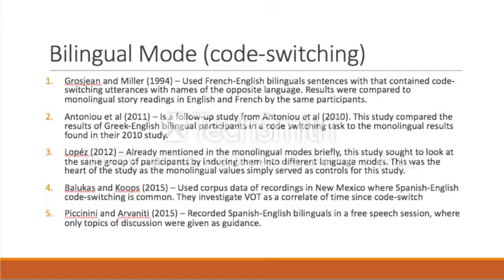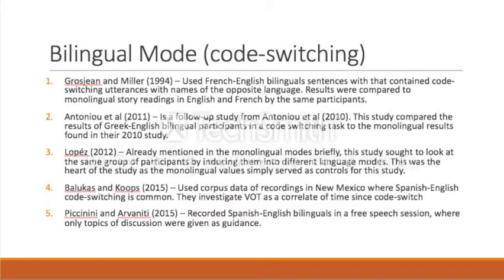They actually had 216 different tokens that were collected here. So the next study, Balukas and Koops 2015, actually used corpus data of recordings in New Mexico where Spanish and English code switching is common.